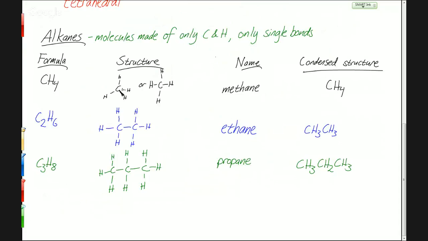Okay. The fourth member of the series is called butane. See if you can fill in all the rest of the information. And I would recommend you leave the formula till last. So do the structure, do the condensed structure, and then calculate the formula. But I think you can get all of it.